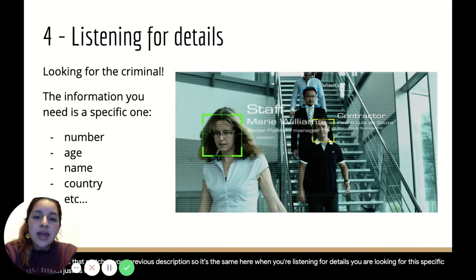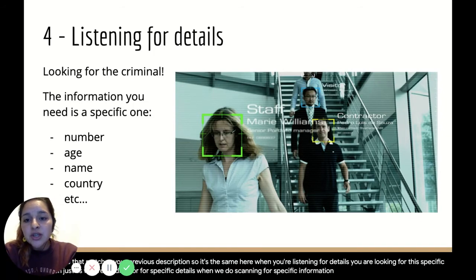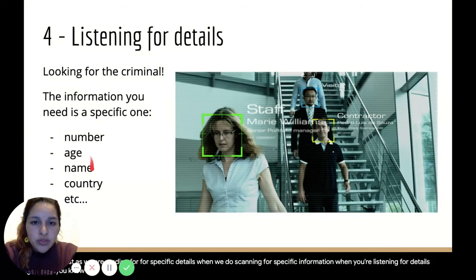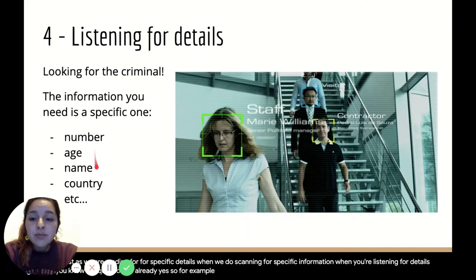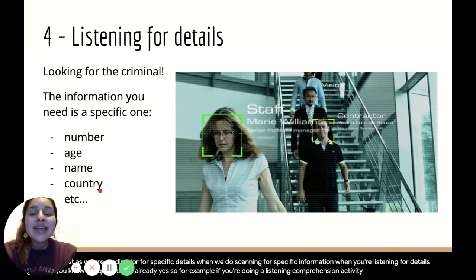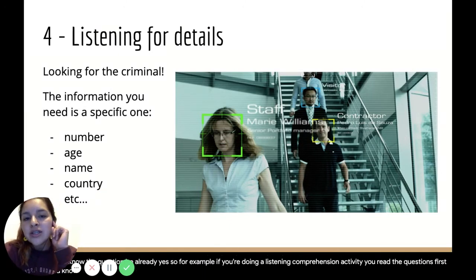Just as with reading for specific details, when we do scanning for specific information, when you're listening for details, generally you know the question already. Yes, so for example, if you're doing a listening comprehension activity, you read the questions first so that you know what to pay attention to specifically in the listening.